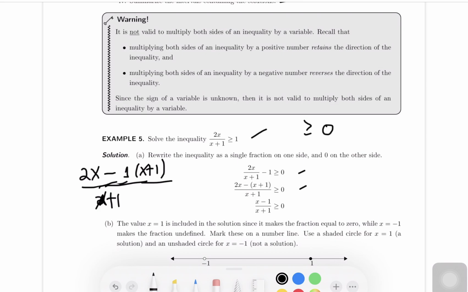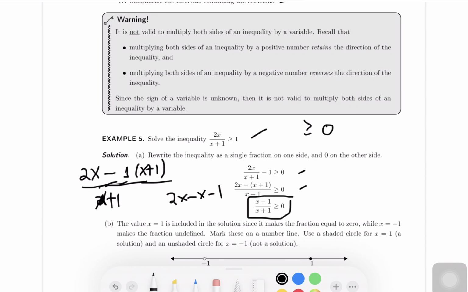Then operate: 2x minus x minus 1. Remove the parentheses, so we have 2x minus x, that is x, then minus 1. And the denominator is x plus 1. So this is the first part.